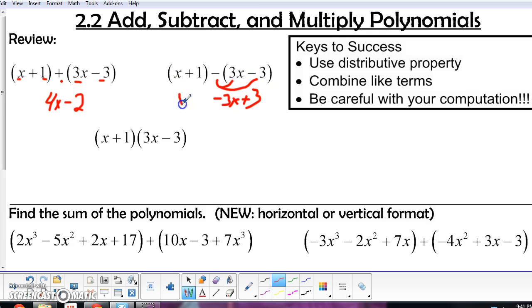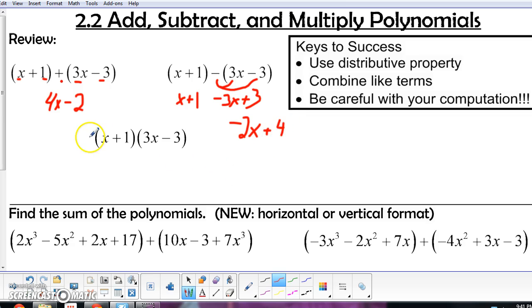Now I've got this x plus 1 at the beginning, and I can just drop the parentheses once I've distributed the negative sign, add the like terms together. X and a negative 3x make for negative 2x, and 1 plus 3 is 4. So negative 2x plus 4 would be what I come up with right there.